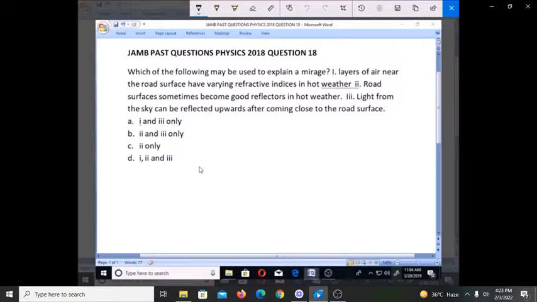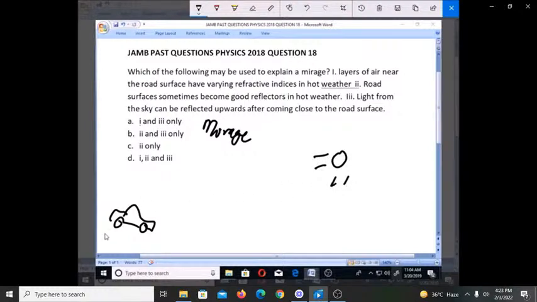Now, for us to be able to understand this concept very well, we need to know what a mirage is. So how do you explain the concept of mirage? Now you are driving your motor on the road on a sunny day.